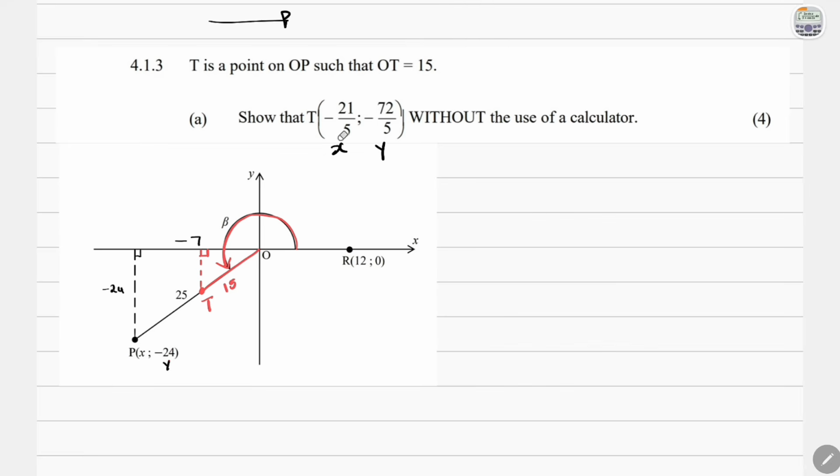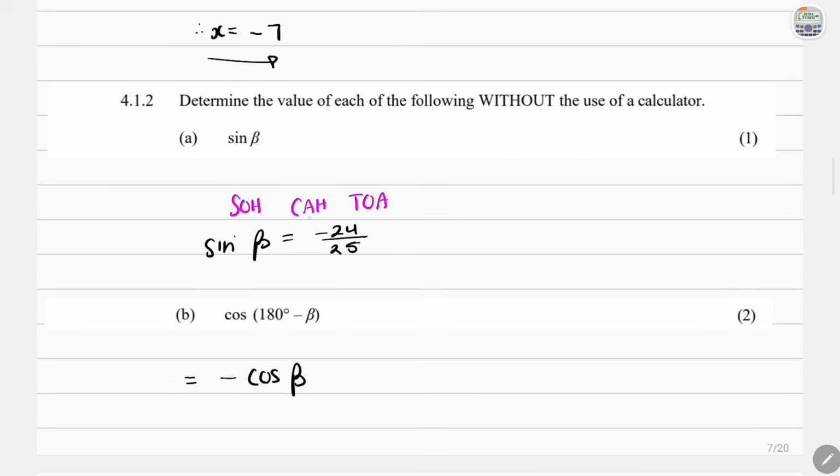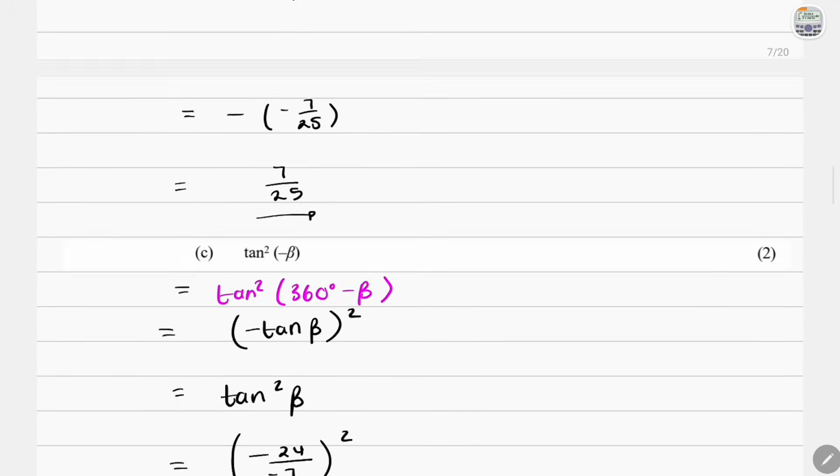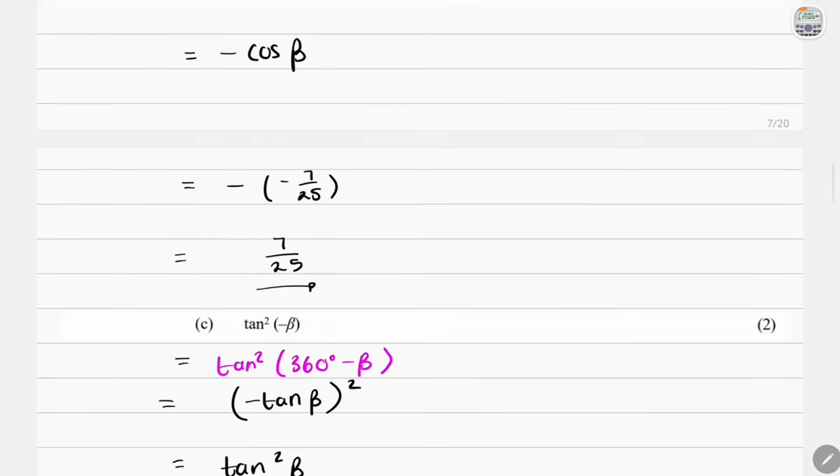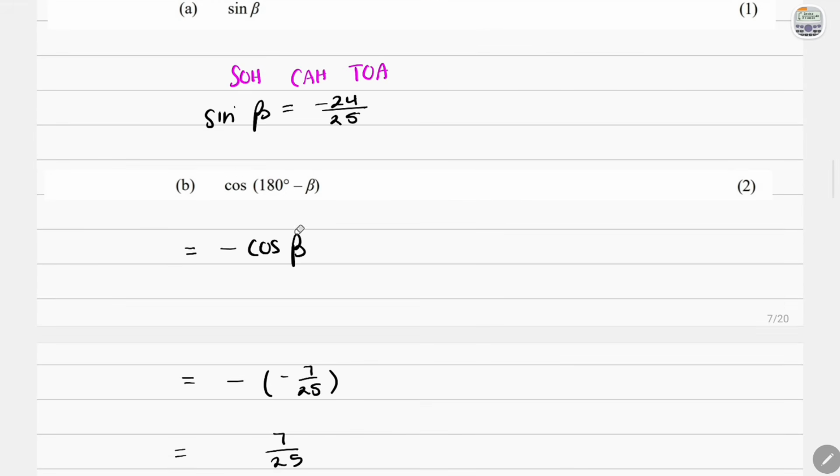So we're going to use adjacent and hypotenuse, meaning we're going to use the function cos, because from SOHCAHTOA, you know that adjacent and hypotenuse go with cos. You see cos beta in our previous question, I think at some point we found it. We found negative cos beta.